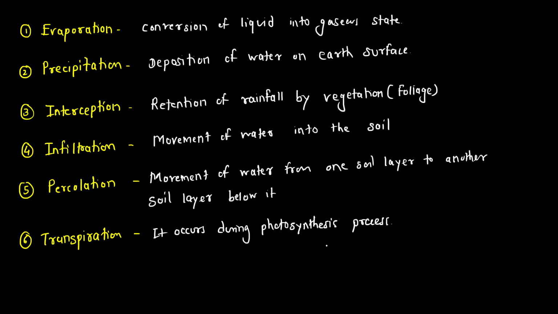The moisture which is present in the soil is taken by the plants and discharged into the atmosphere through the leaves during the photosynthesis process. That utilization of moisture from the soil comes under transpiration. Transpiration and evaporation are sometimes clubbed together, and together the name given is evapotranspiration.